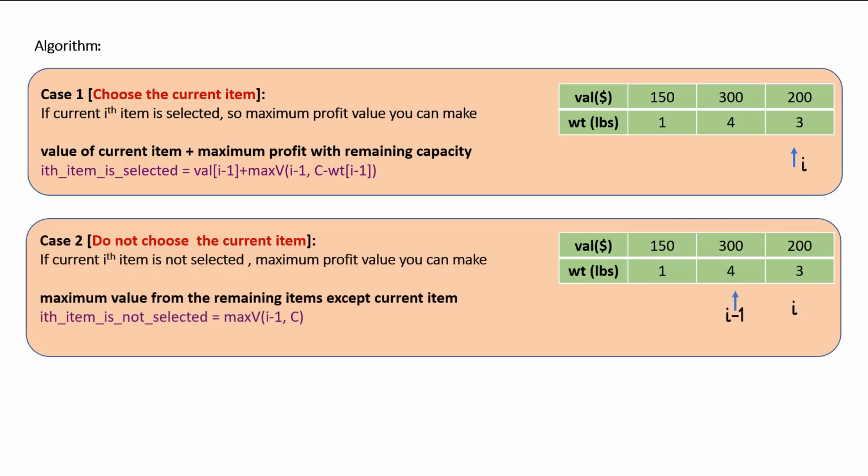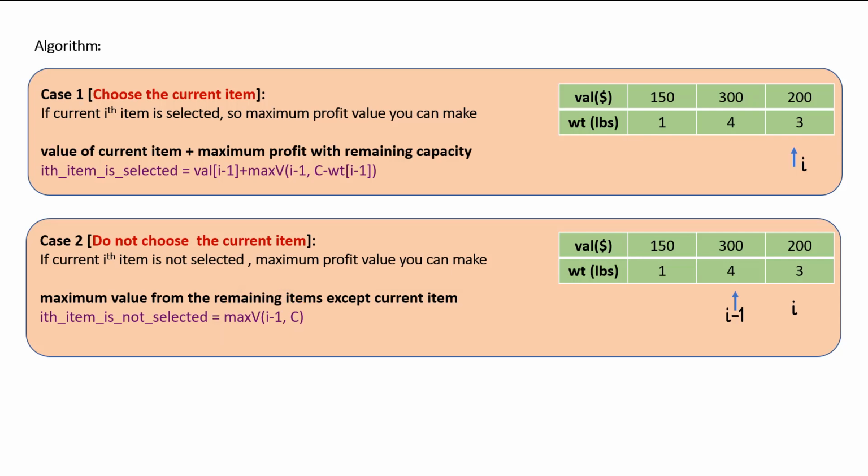If the ith item is not selected, the maximum value will be I minus 1. Why I minus 1? Because you have rejected the ith item. So now the item whatever is remaining is I minus 1, and the capacity is still C, right? So the function will be max v of I minus 1, comma, C.